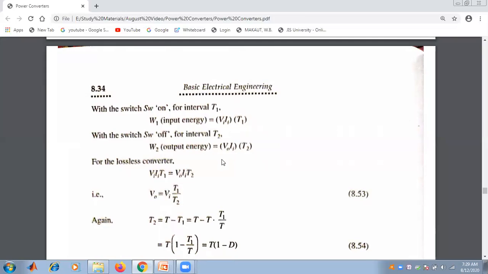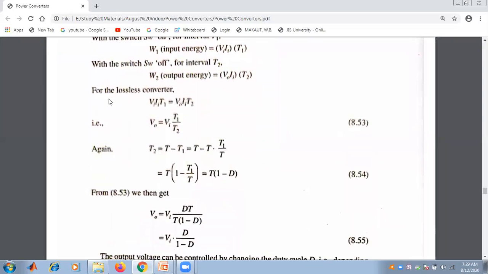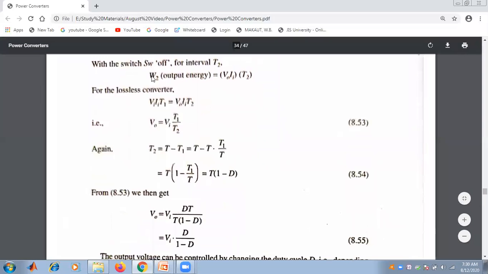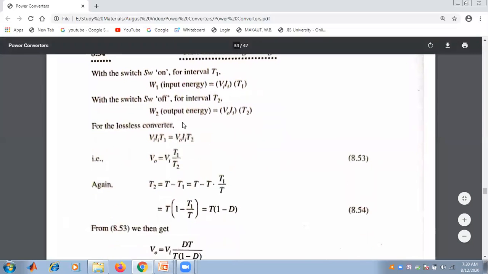When the switch is off, for interval T2, the output energy W2 equal to Vo Ii into T2. So for the lossless converter, both these two energies are the same, that is W1 equal to W2.